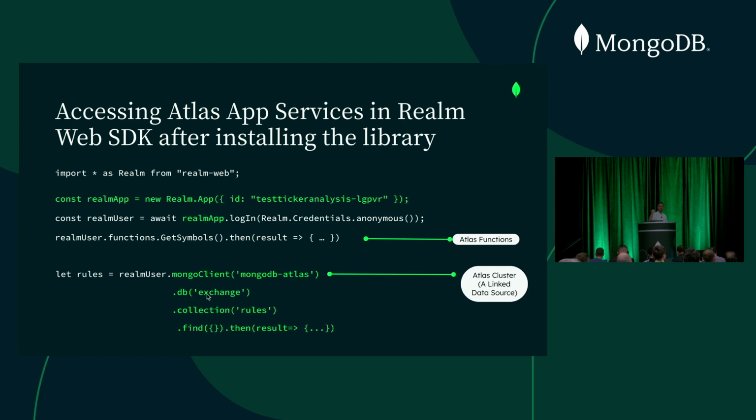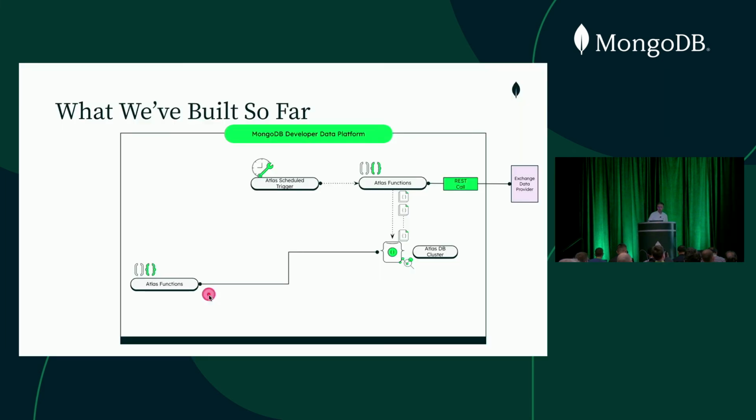I can fetch data or insert data without requiring a backend service. So it was our complete architecture, and we also completed how the client application is accessing MongoDB Atlas.